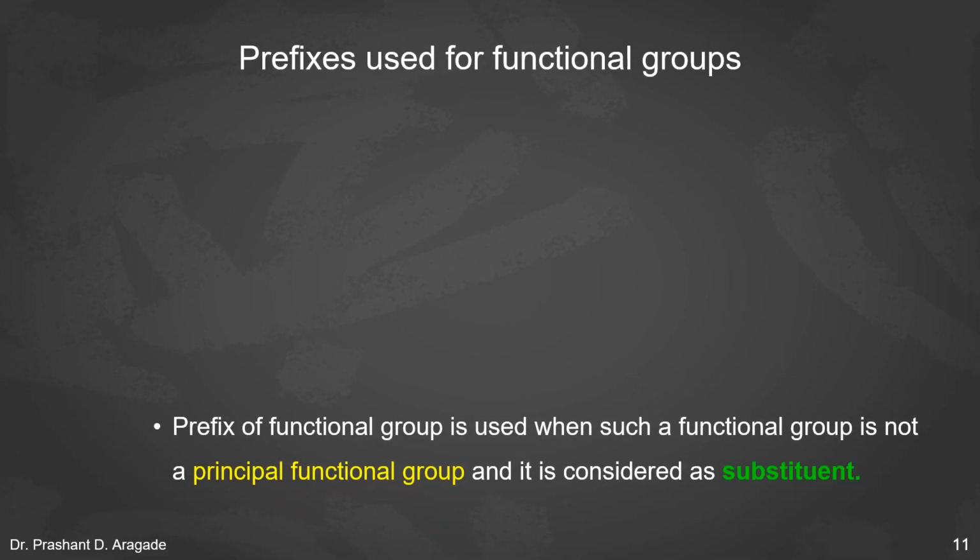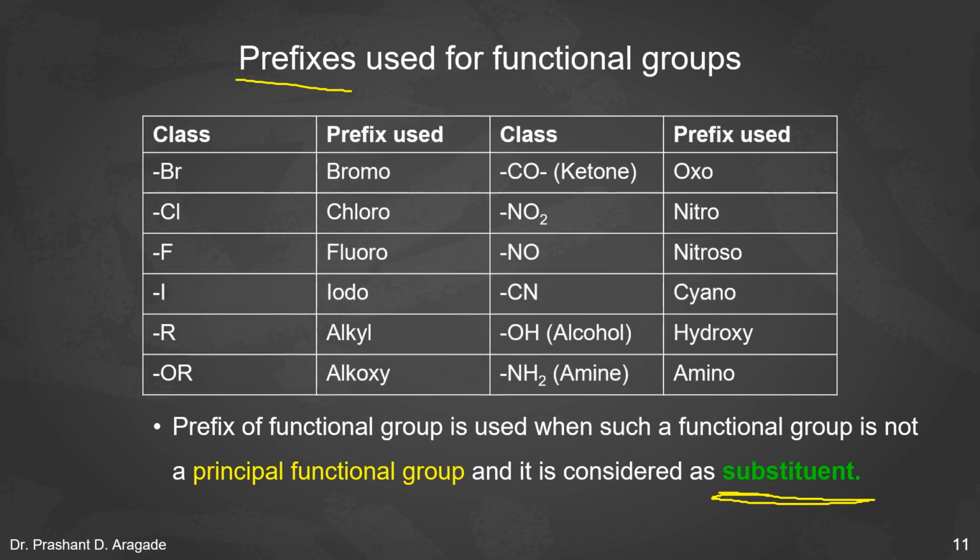Now, if one functional group is regarded as the principal functional group, then the other functional group is considered a substituent because it does not have the highest position in the priority table. So that time you have to use the prefix for that functional group. Here is a table for the prefixes used for different functional groups.